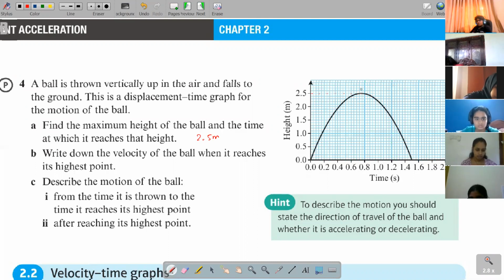Is it in the middle? It's a little bit difficult to find the exact point. It depends a little bit on your judgment here. I think what I am getting here is 0.6.